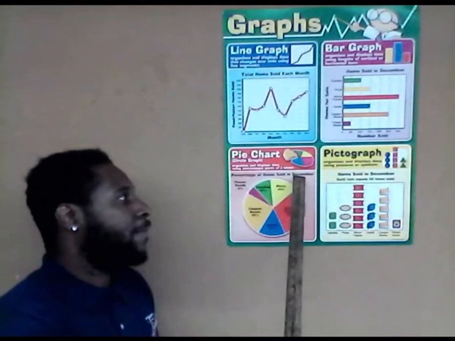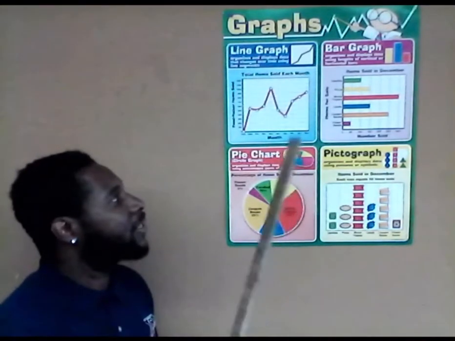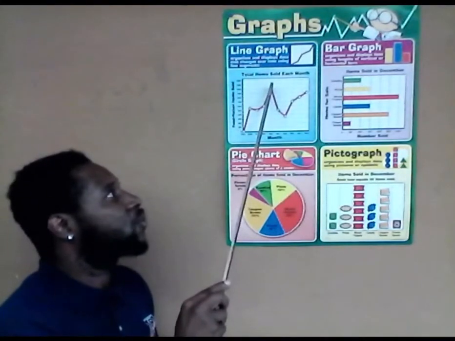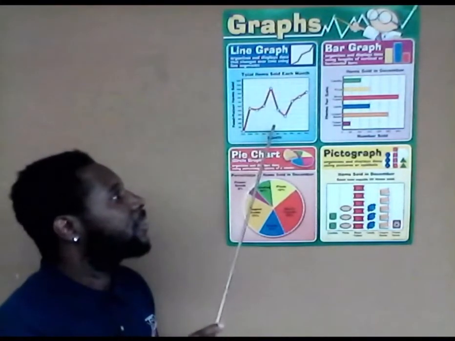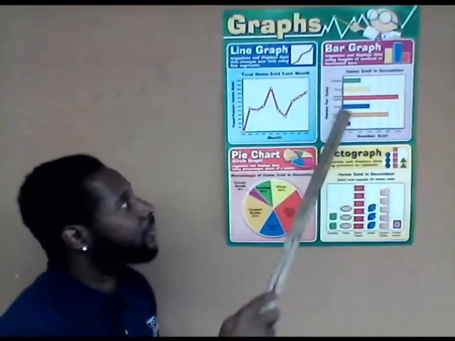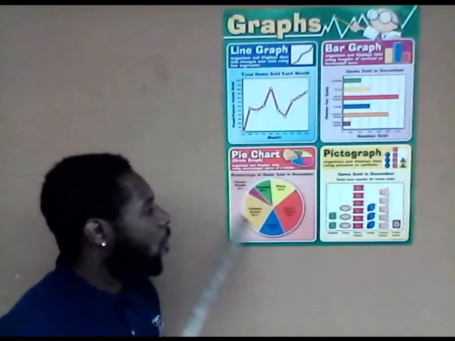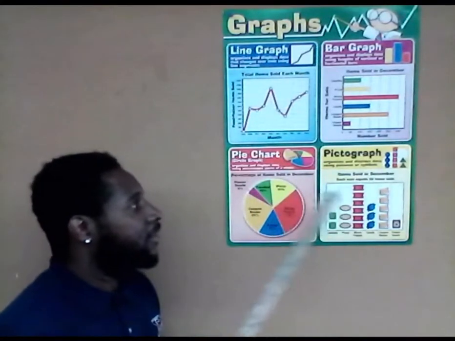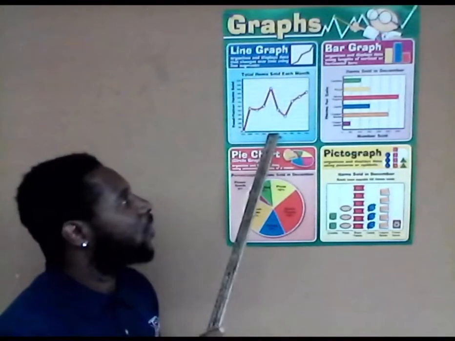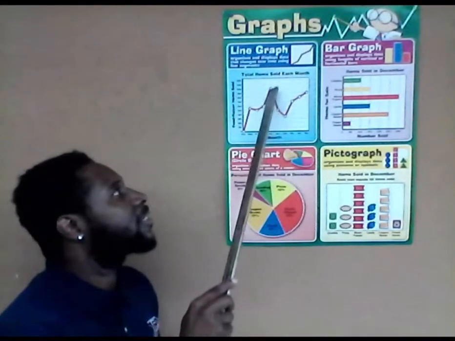Instead of just saying months, we're just looking at everything that happened in December. So in this case, this is where December lies. In this case, this is all December. In this case, this is all December. In this case, these are all December. But only this line is December.